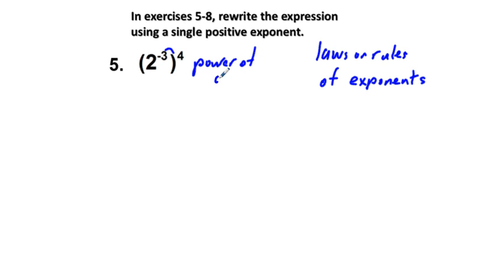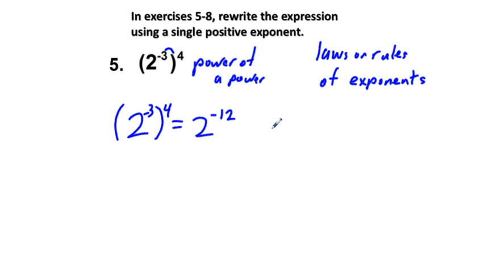And for that, we multiply. So this negative 3 is multiplied by the 4. So we have 2 to the negative 3 raised to the 4th is equal to 2 to the negative 12th power.